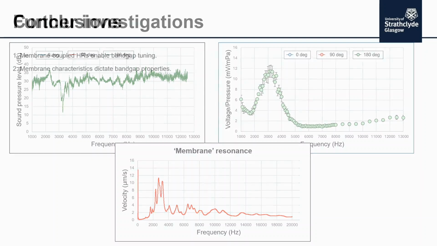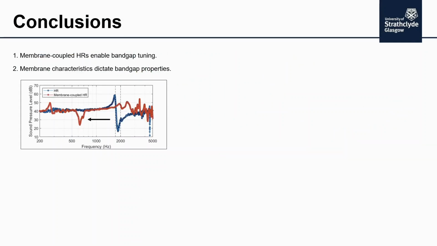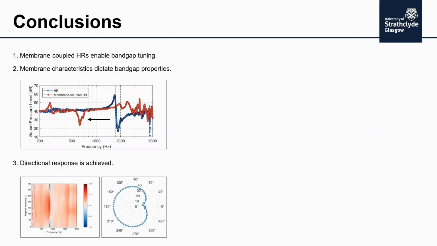So I'll just conclude by saying that we managed to reduce the band gap center frequency by keeping the same resonator size and simply by modifying the unit cell by introducing a membrane. And the membrane characteristics together with this two-port system dictate that shift and the characteristics of the band gap.